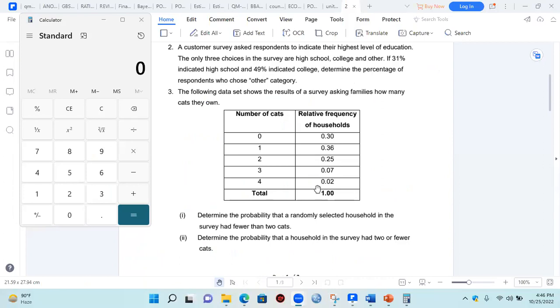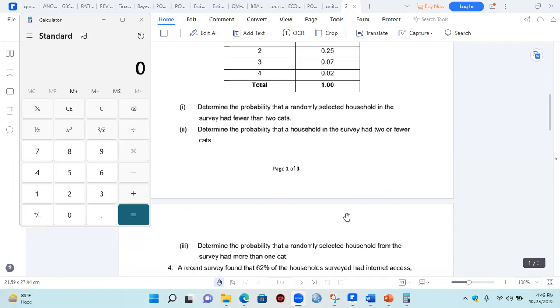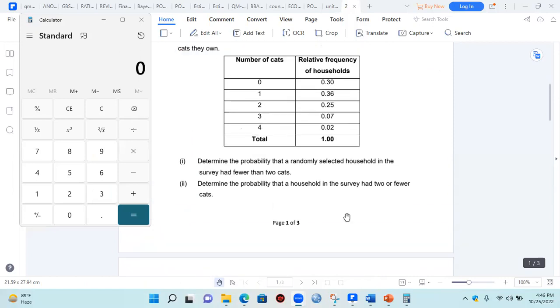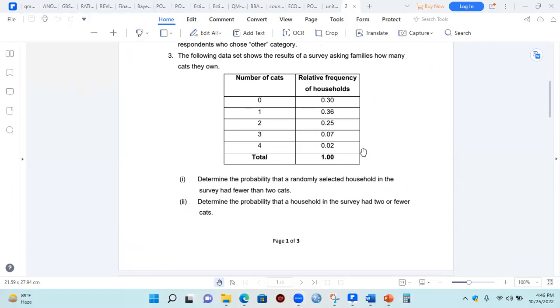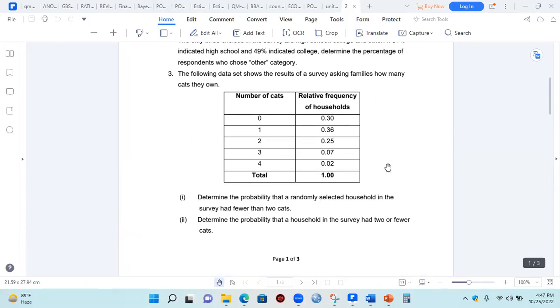I'll ask you to calculate for this particular one. Find the mean, the variance, standard deviation, and probability of 2 or fewer. How do you find the mean?